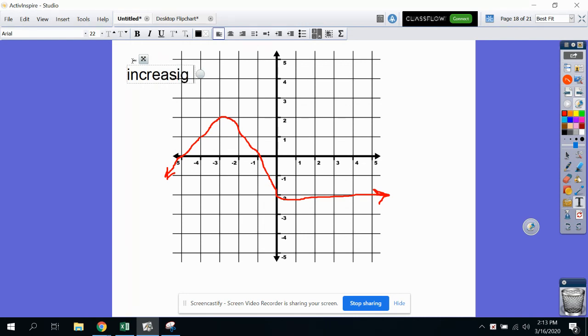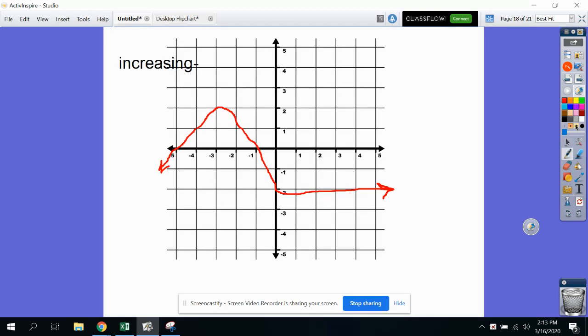So increasing. Now, increasing means going up, and you read it from left to right. So if we look here, and I'm just going to use a color to show this, getting fancy. If you go left to right, the only place it's increasing is right here. That's the only place it's going up.